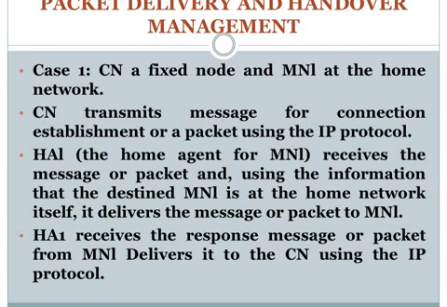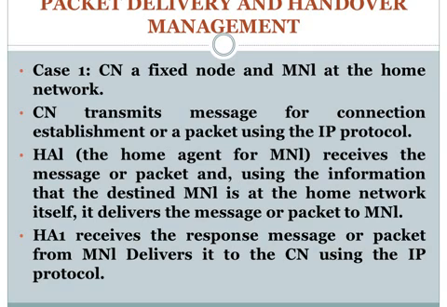All this leads to 6 different scenarios. So looking at the first scenario, the corresponding node is fixed, present in the home network, and the mobile node is also in the home network.